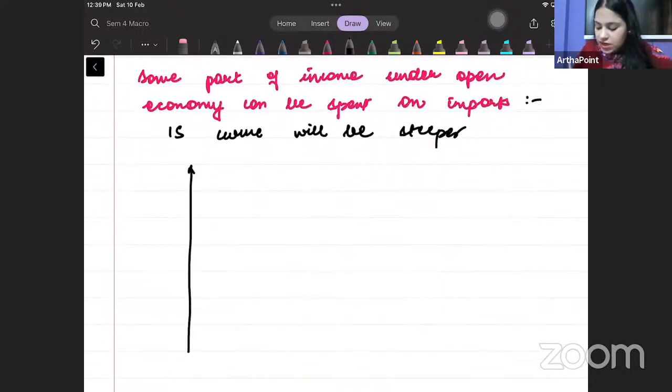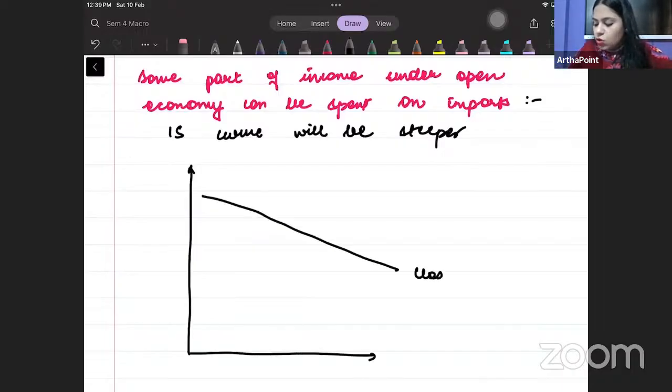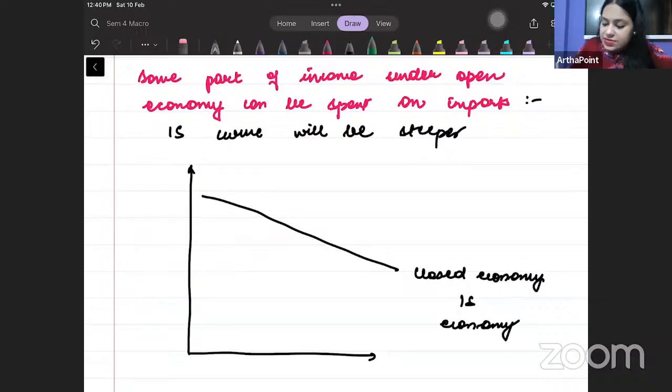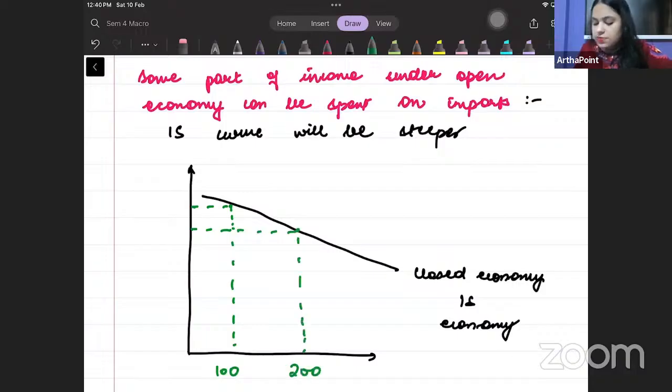So I can go ahead and say कि if this represents a closed economy IS curve, where I am saying that suppose interest rate decreased. Earlier, I was spending 100 rupees. Now I will be spending 200 rupees on domestic goods.